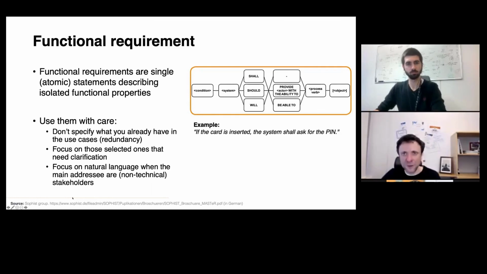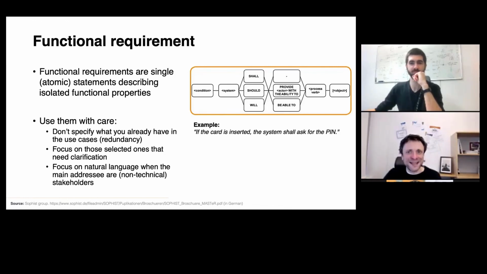You can look them up, of course, yourself, but in principle, they just provide some structure to how to formulate sentences that capture functional requirements, starting with a condition. So when I do something, when I give a certain input, when I push a button, when I insert my debit card, the system shall, should, or will do something. This relates more to things like requirements prioritization. We will talk about this during requirements management.